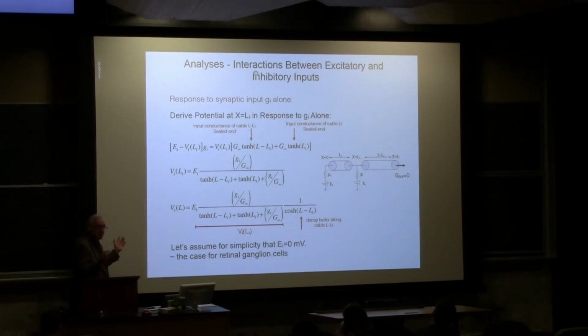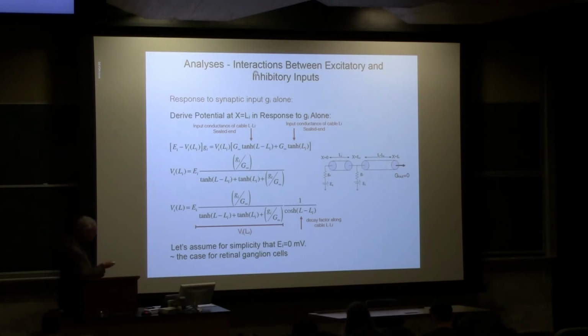But if we miss that timing and this inhibitory conductance change is late, that wave of charge will have already passed this point and be propagating towards the end of the cable. And so this inhibitory conductance change will be much less effective. So in real neural systems, there are some timing considerations. The inhibitory input has to occur at about the right time, when charge is moving by that point, to shunt that charge out through the membrane.